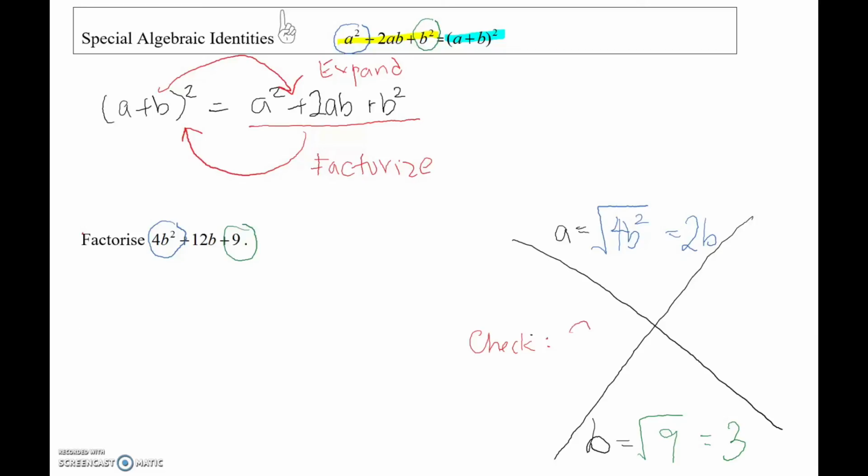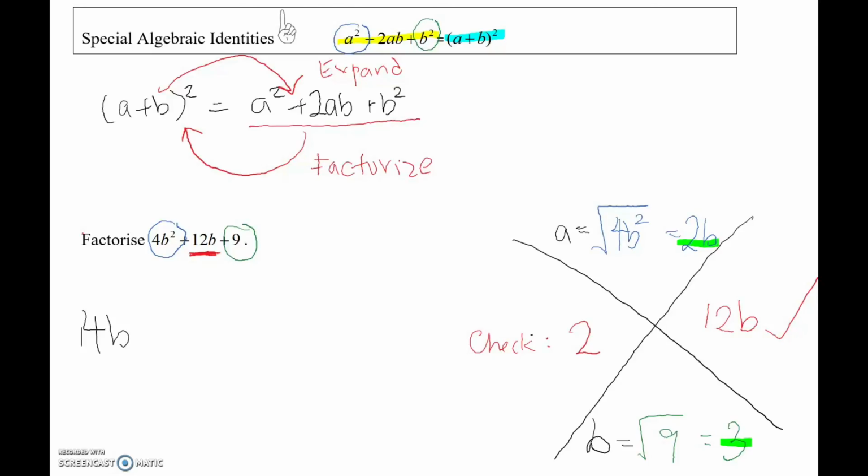When we multiply 2 to the value of a, in this case 2b, times the value of b, in this case 3, it is equal to 12b. And when we compare to the middle term, it is the same. So therefore, we know that we have factorized it correctly.